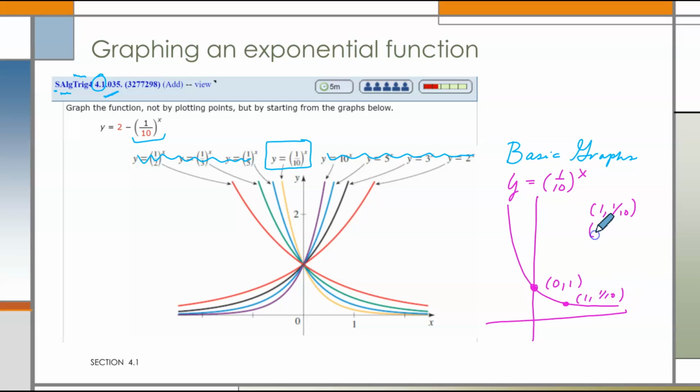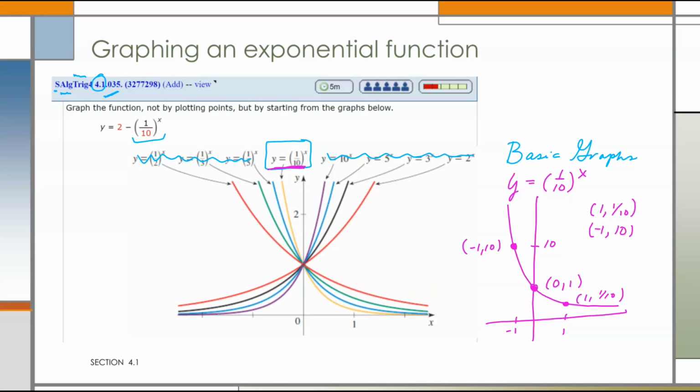If X is equal to -1, okay, so plugging in -1, that negative exponent would bring the 10 up from the denominator. So we would be plotting -1, 10. Okay, so we can see this is definitely not to scale, but we're just getting detail off of our basic graph, which was this yellow graph here.